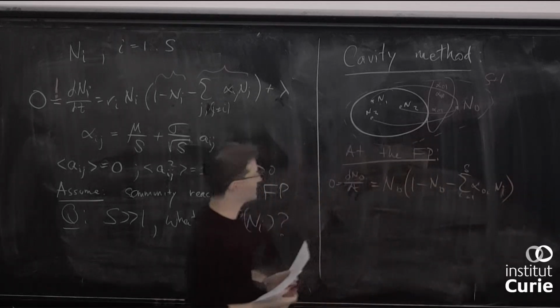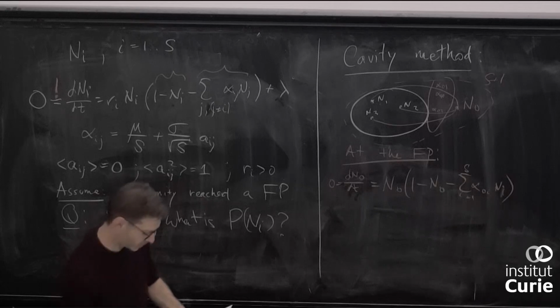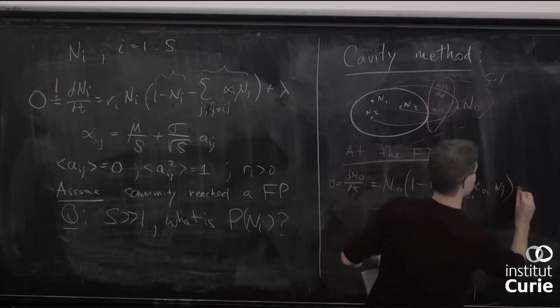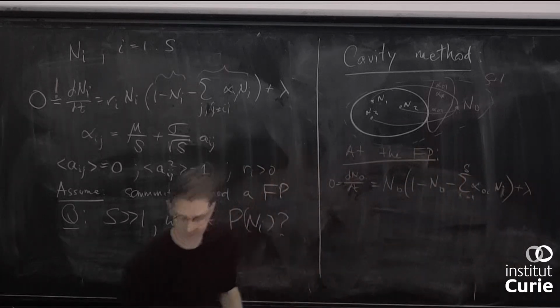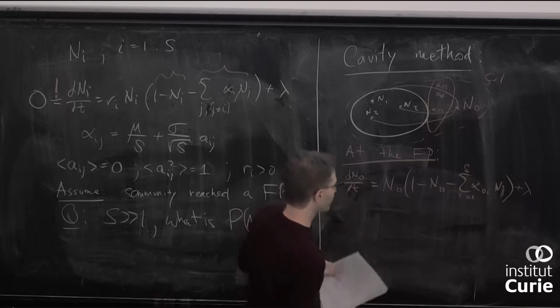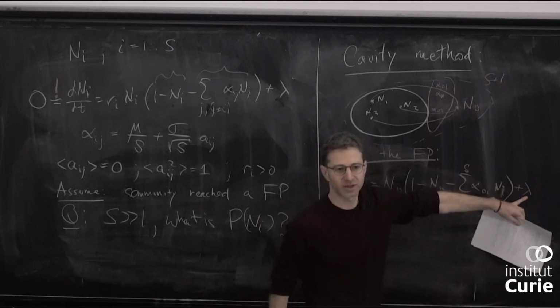Okay, so this is the equation for this new species plus this small migration term. Now because this lambda, this migration term is going to, oh, sorry, yes?